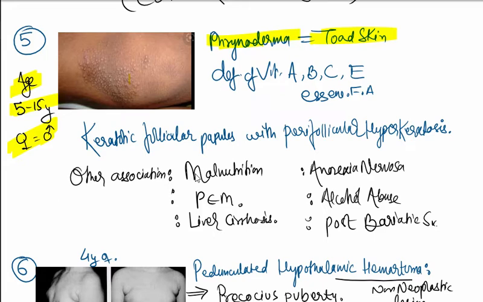Why does this happen? Deficiency of vitamin A, B, C, E and essential fatty acids. So phrynoderma is keratotic follicular papules with perifollicular hyperkeratosis. So hyperkeratosis is here.